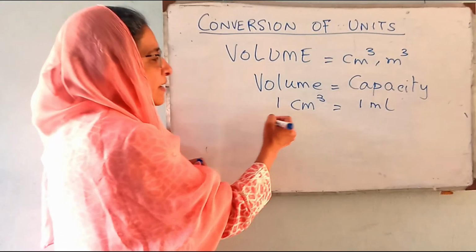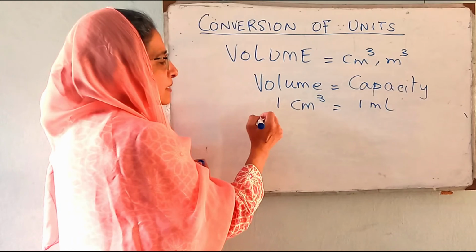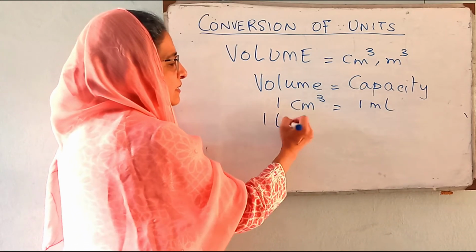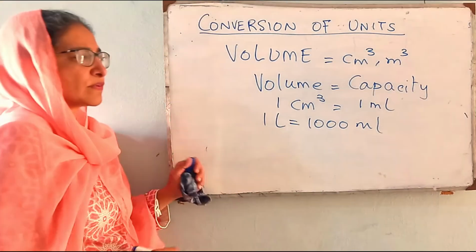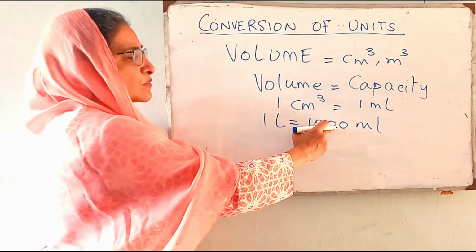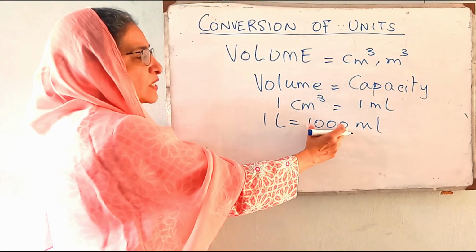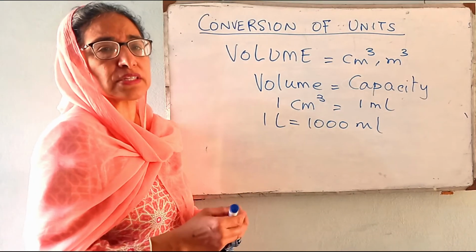Now, we know that 1 liter is equal to 1000 milliliters, right? So it will be equal to how many centimeter cube?